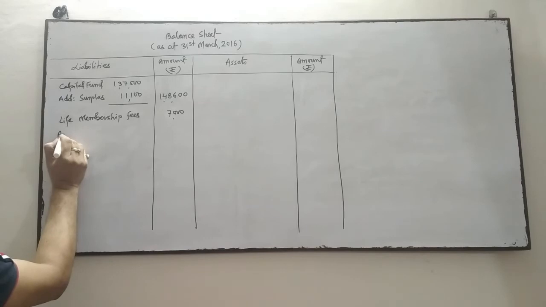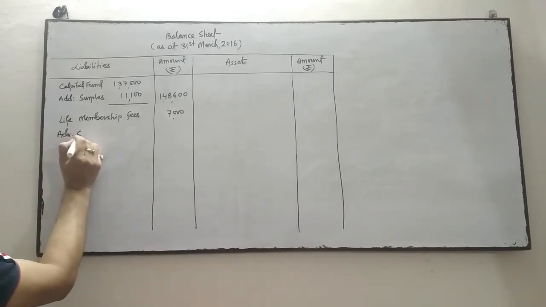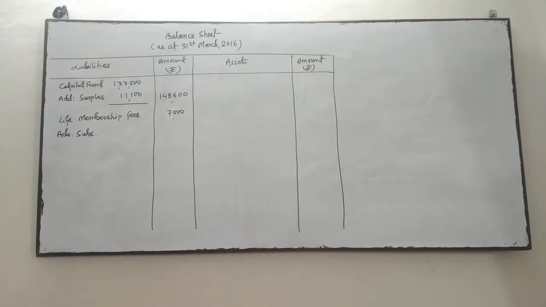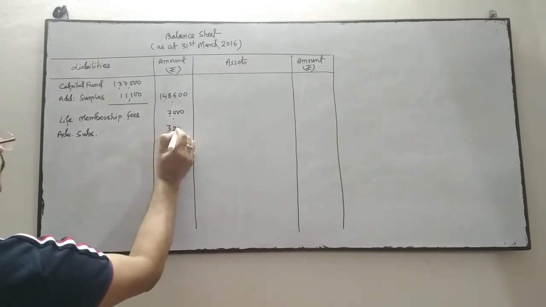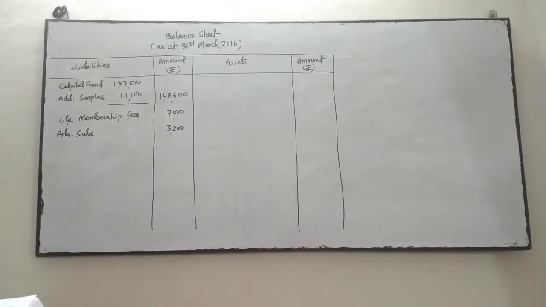Next is advance subscription of the current year, which is received for the future year. Subscription received in advance by the club. Subscription received in advance, it's a liability, that is 3,200, which is received in the current year, which is related to the future year.